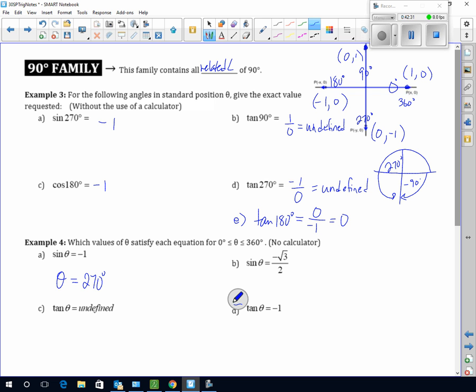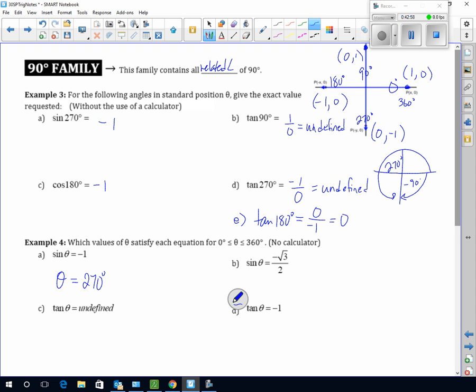Okay, negative √3/2. So first off, you got to think, where is sine √3/2? And this is where the fingers come in really good, because you need the sine on your right side with 3 fingers. So what reference angle is that? 60. So I know the reference angle is 60, but I just got to place them in which quadrant that I have a negative trig ratio. So where would that be? Where is sine negative?